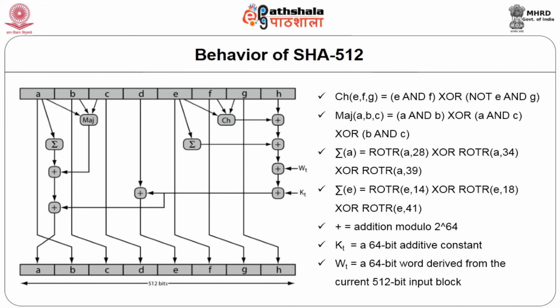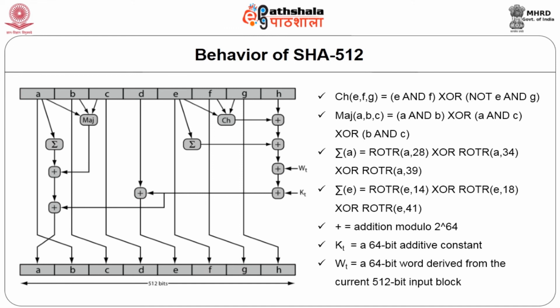To have a pictorial view, you can see the initial 1024 bits are fed to W0 to W15, and for W16 the whole complex process starts of deriving through the operations rotates, shifts, and exclusive OR.